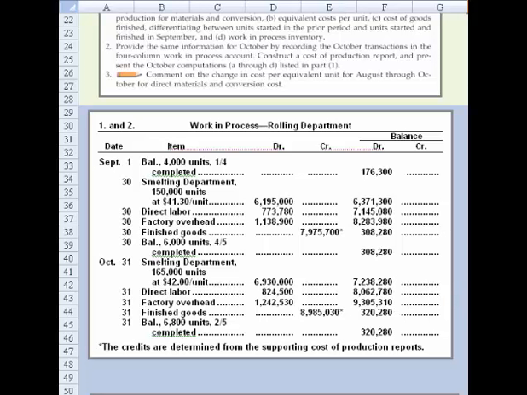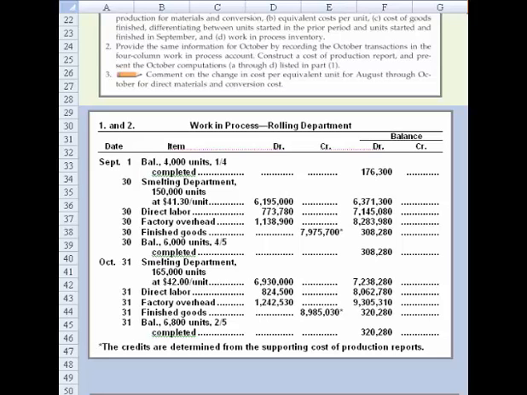And then we wind up with the 6,800 units that were 2/5 complete, and the cost assigned to that was the 320,280, and that's how we show its balance in the work in process account. So we're ready to begin this process again for the month of November.